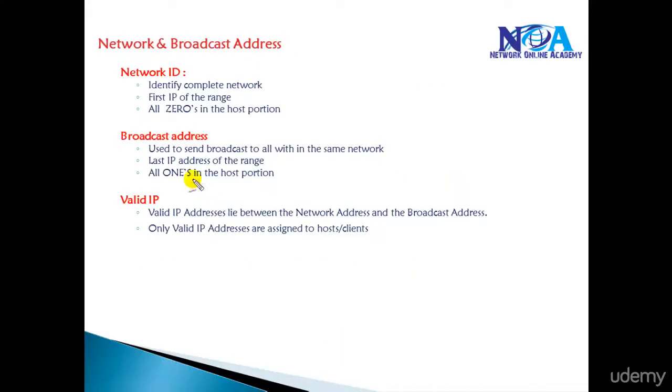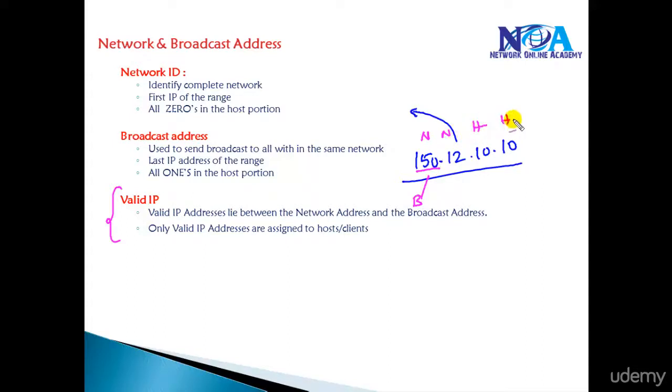Whatever remaining addresses come in between are all referred to as valid IP addresses. Let's take one example here. I'm going to write 150.12.10.10. If the question asks you what is the network ID for this, the first thing we need to do is identify the class. It's a B class address. 150 comes in the range of B class, and there are 2 network portions and 2 host portions.